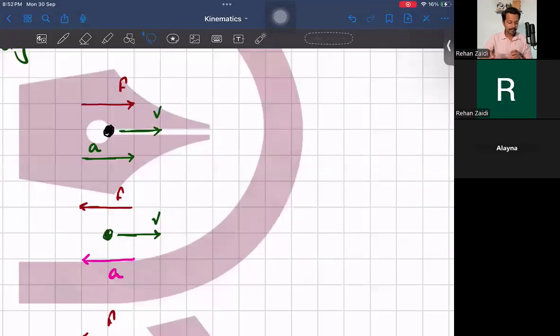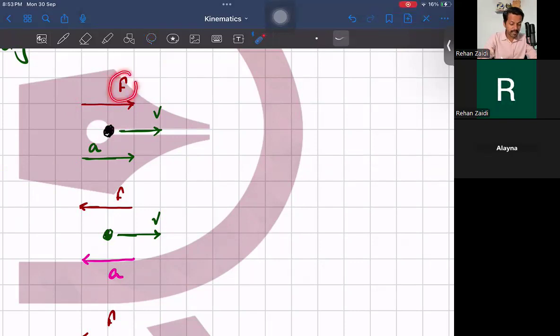The first example, let's say this is an object, and it is moving in a forward direction. Forward direction, which we are considering as the right hand side, meaning positive. Now this object is being acted upon by an unbalanced force, a resultant force, which is again in the direction of the velocity, that is in the positive direction.